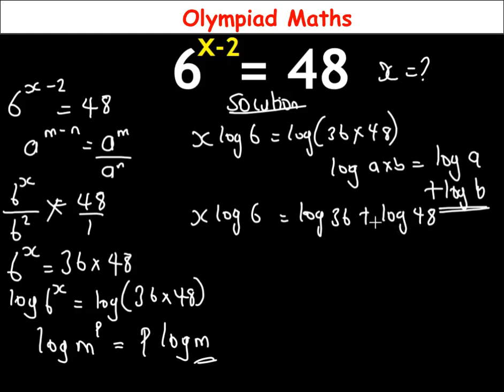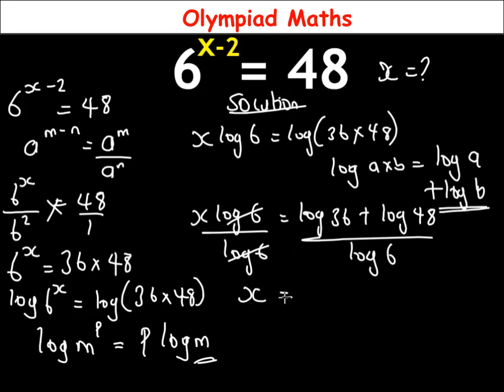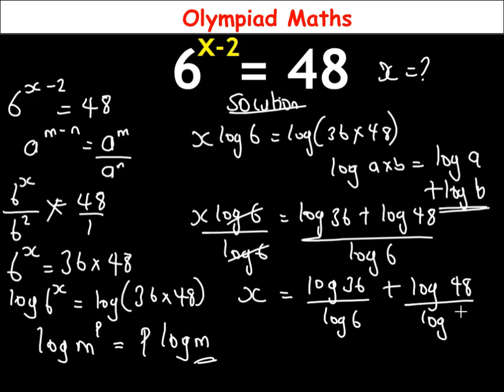Then at this junction, divide both sides by logarithm of 6 over logarithm of 6, such that this cancels this. What you have is x is equal to, if we split this, logarithm of 36 over logarithm of 6 plus logarithm of 48 over logarithm of 6.